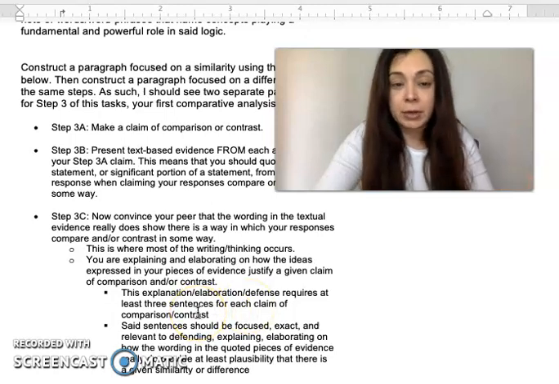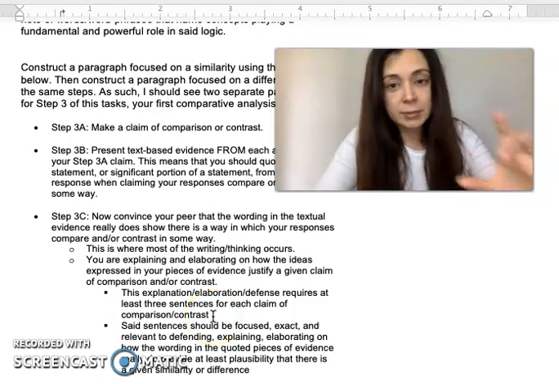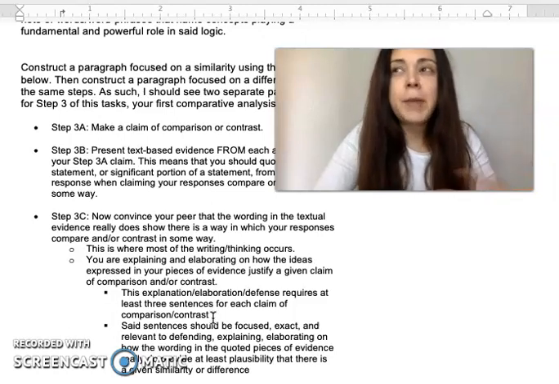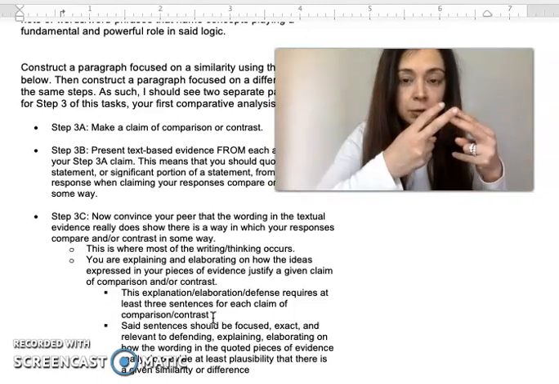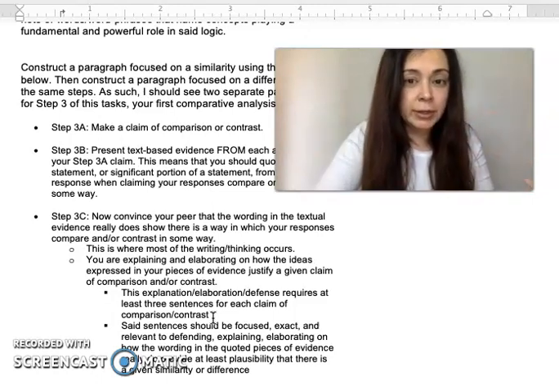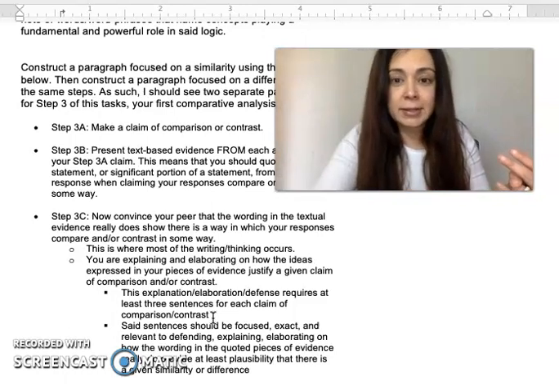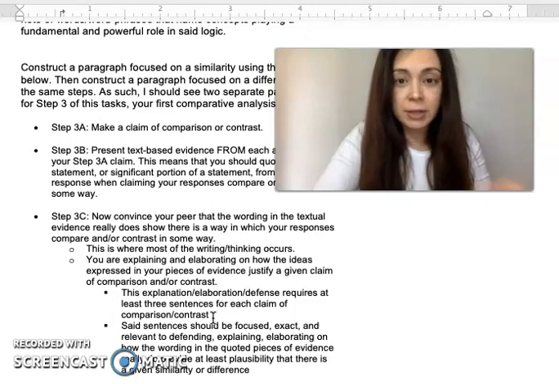So again, remember, each paragraph has to focus on either a difference or a similarity. Don't discuss both a similarity and a difference. No matter what you quote, chances are that those 2 sets of quotes could be used to argue for a similarity, but also for a difference. So nobody said exactly the same thing, otherwise you copied each other or copied someone else. So just keep that in mind.